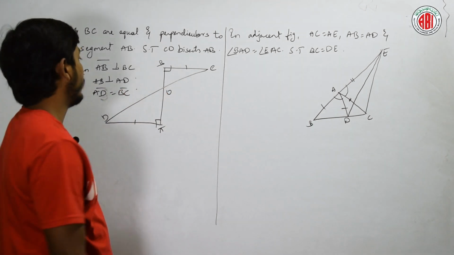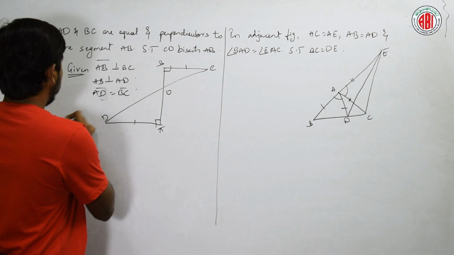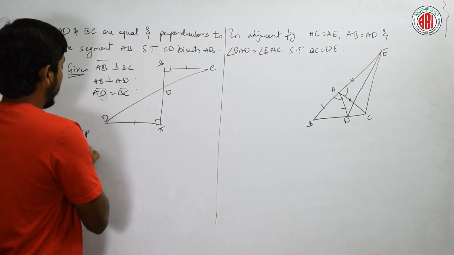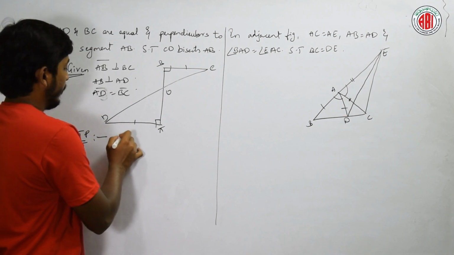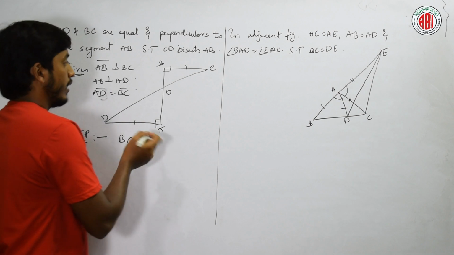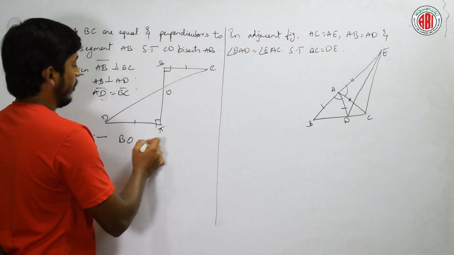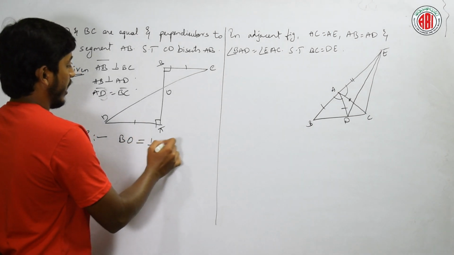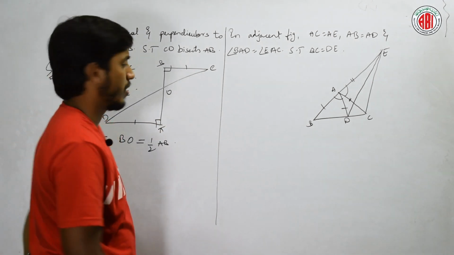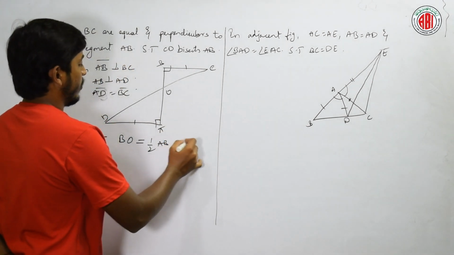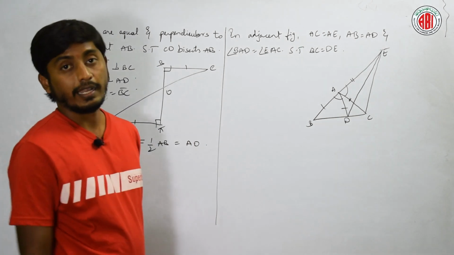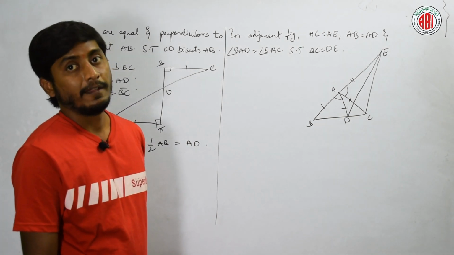Now what is it that we have to prove? To prove: BO is equal to half of AB. We can write it like that, or else that can also be equal to AO. Yes or no? Fine.